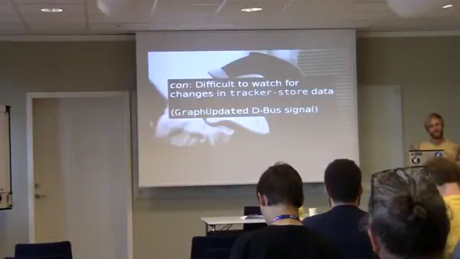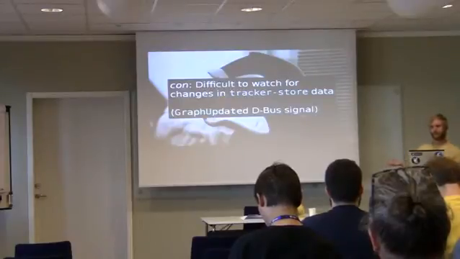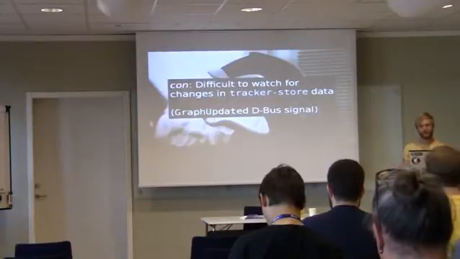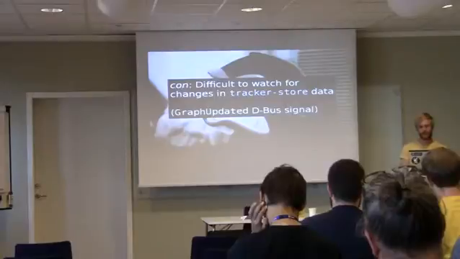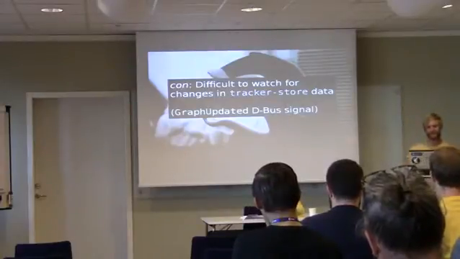Which is fine unless it's telling you that something was deleted, because at that point the numbers won't be in the database anymore, so you can't query it and find out what they mean. So watching for data, it's possible, all the bits you need are there, but they're very difficult to use. And so if you're trying to write something directly on top of the Tracker D-Bus API, you'll hate the author of that signal and wish that they'd done more work for you to make it easier.